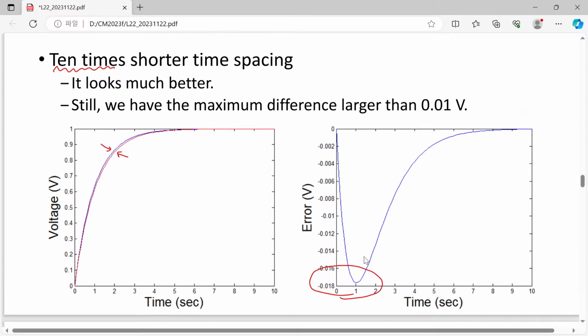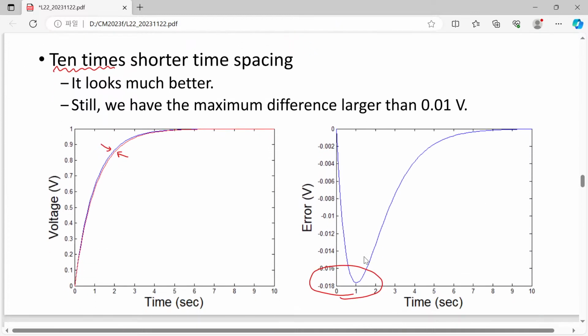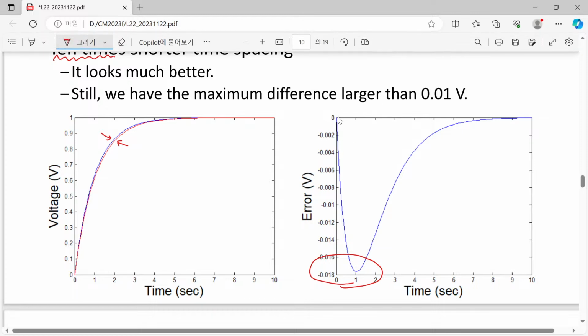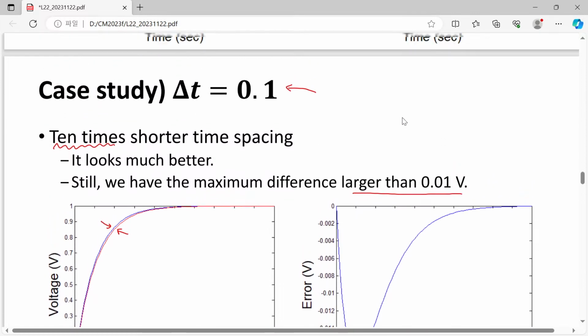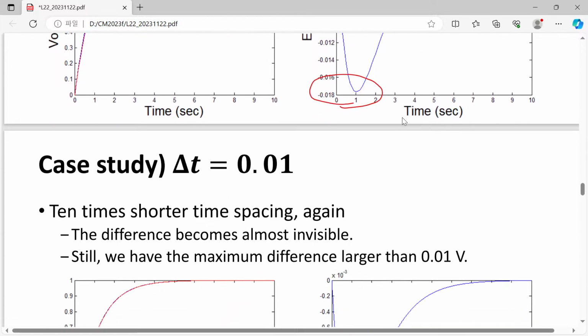Okay, so compared with our previous value, it is much improved. Although it is more or less reasonable, still we have some differences, and it is larger than 0.01 volt. Then how about decreasing our time spacing even further? For example, let's go to 0.01 second.